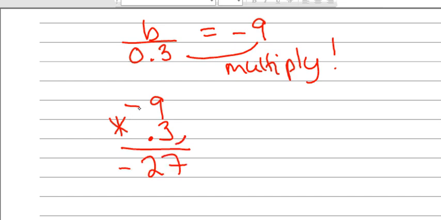But remember, I've got one place behind the decimal. So this needs to go one place. So my final answer is -2.7. How easy is that?